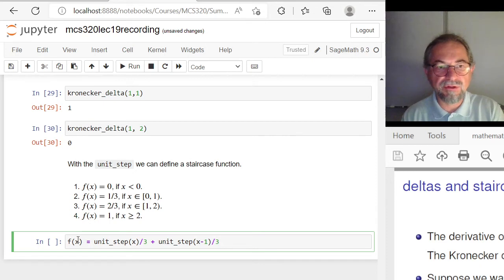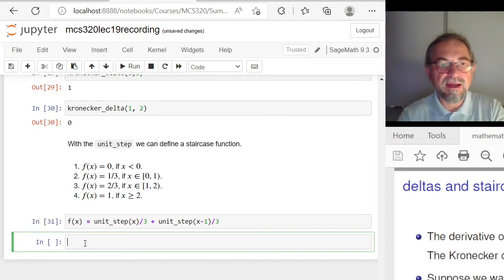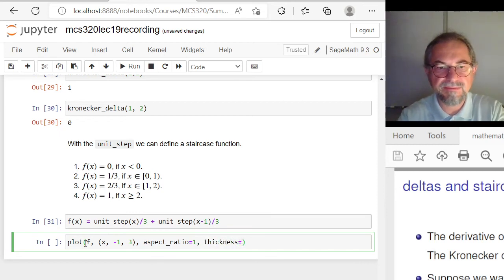And perhaps for experimental reasons, I should probably stop and run this and make the plot. So I'm interested in the range -1 to 3, and let me also use some thickness.